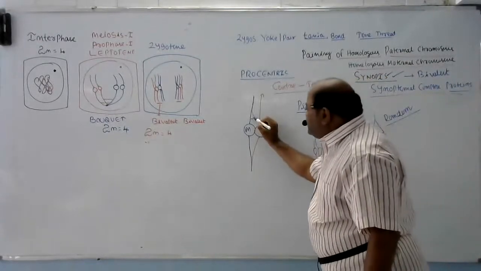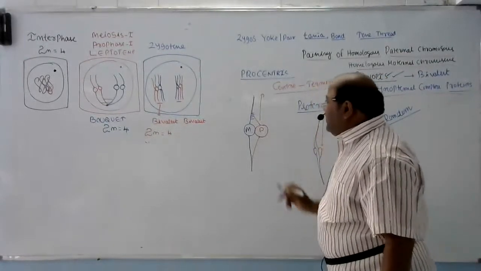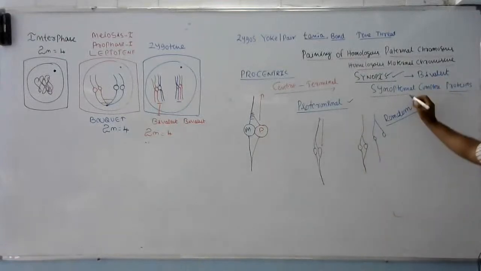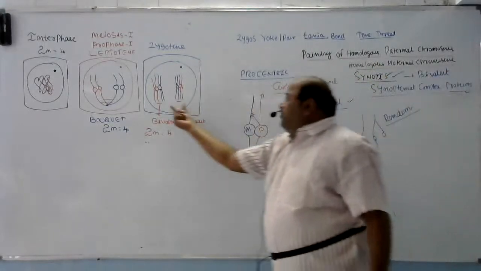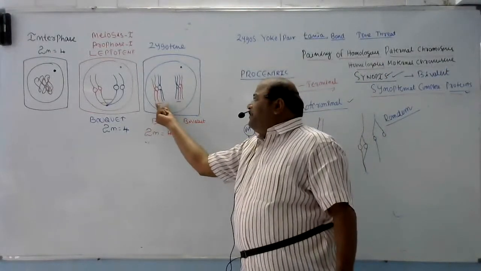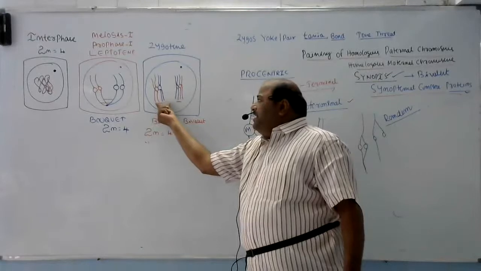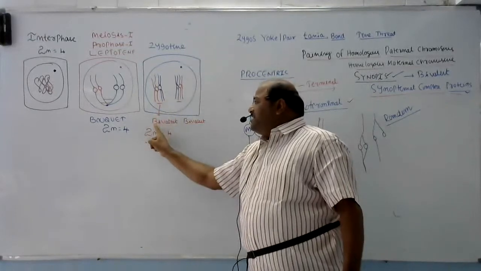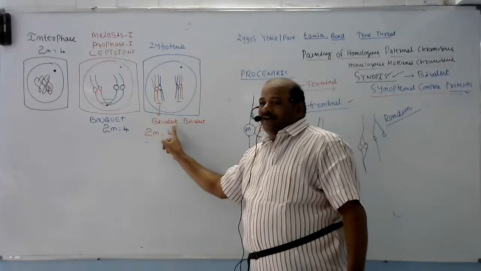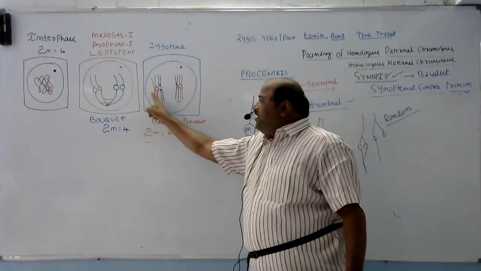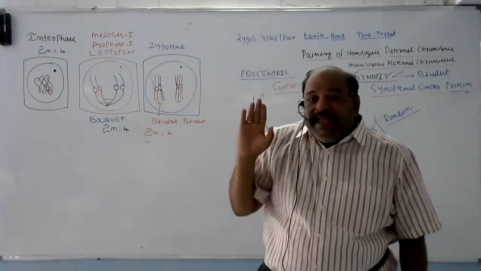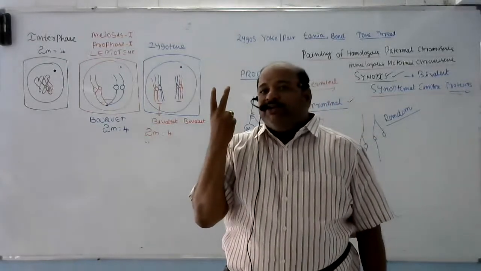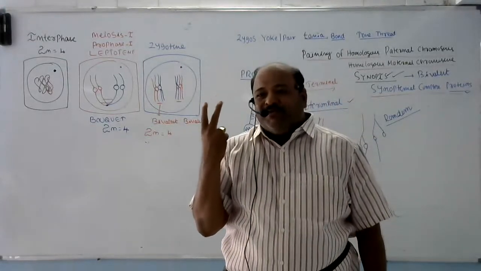During pairing, they are attached by means of synaptonemal complex proteins. When synapsis is completed and they are paired, the pair is called a bivalent. Listen to my words: a bivalent has two homologous chromosomes.